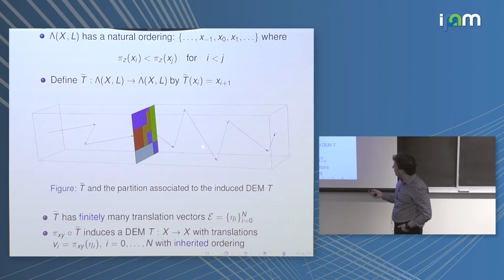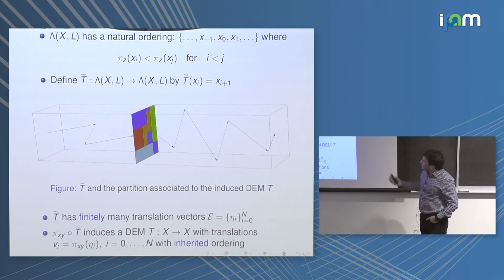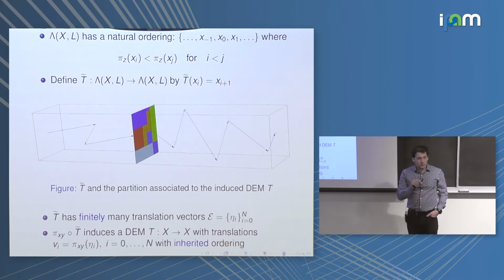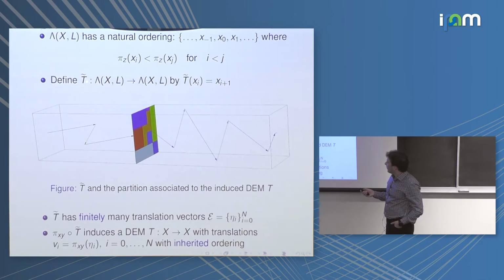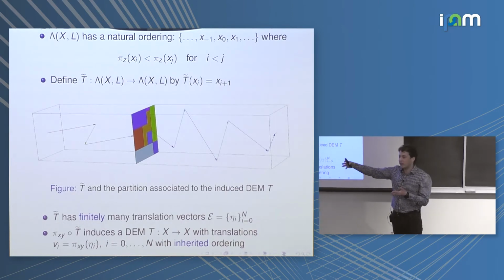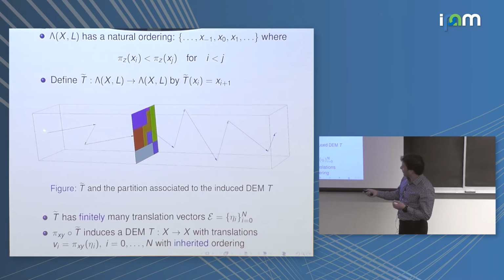And as you can see, they're all ordered. And so we can define a dynamical system on lattice points in this window, which I'll call T tilde. And T tilde of xi just maps it to the next point in this ordering, which is exactly the picture here, where if I take a point here and I apply T tilde to it, I just end up there.